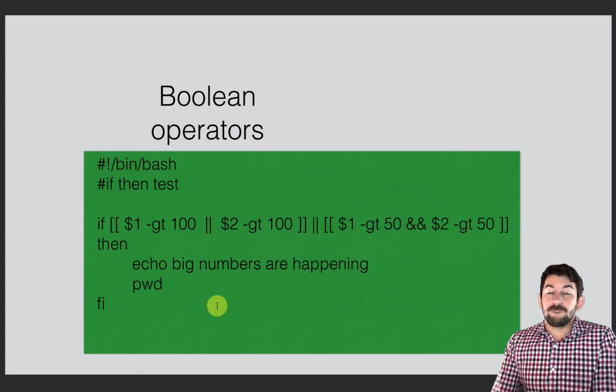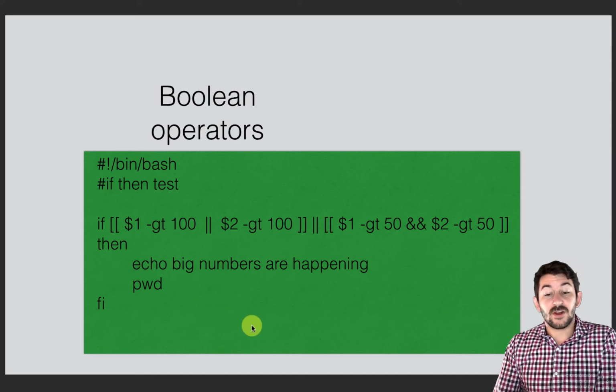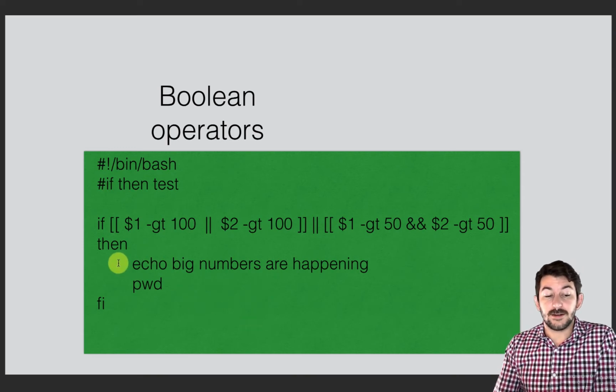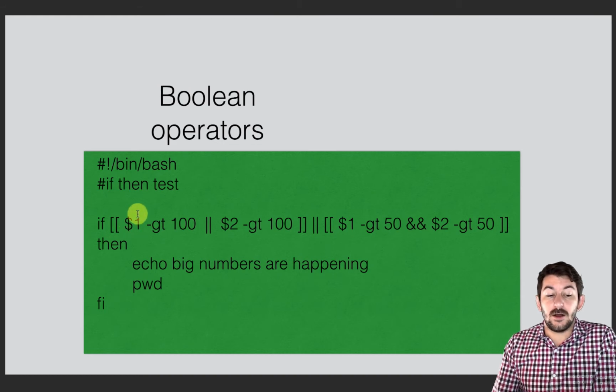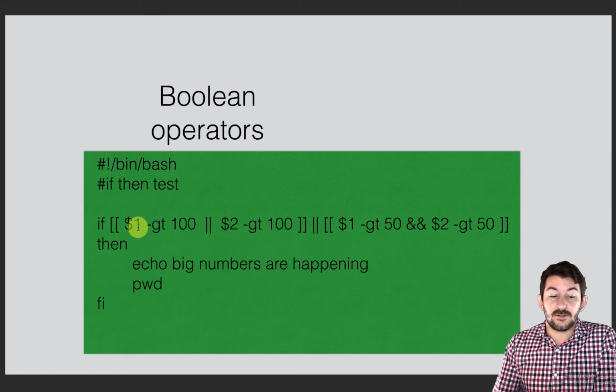Okay, so that was probably kind of tricky. There's several different ways to do it, but here's the way that I did it. We're going to start with an if condition, and within several brackets, the first condition is your variable 1 is greater than 100, or variable 2 is greater than 100.